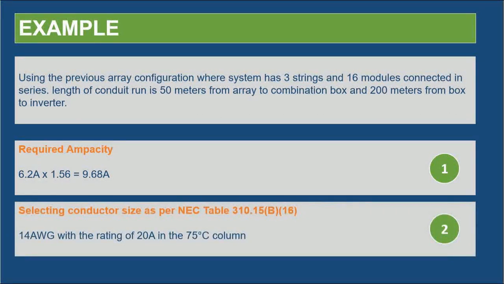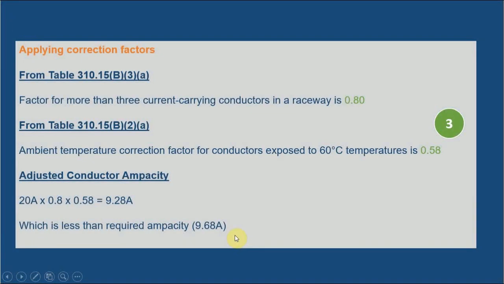Now we go to table 310.15(B), and we see that a cable with 14 AWG is suitable to carry 20 amps in the 75 column. Going to table 310.15(B)(3) to get the derating factor for more than 3 current-carrying conductors in a raceway, it's 0.8.